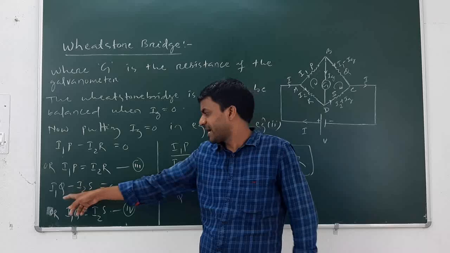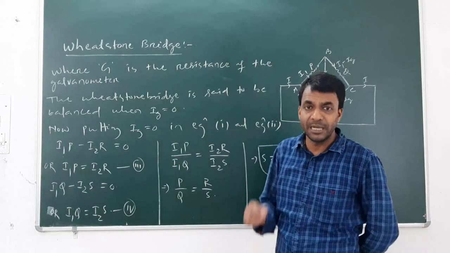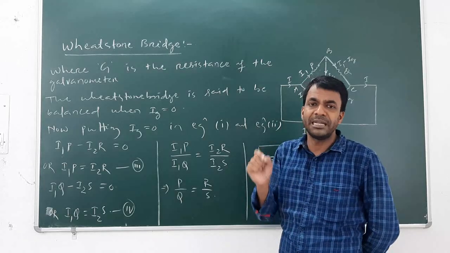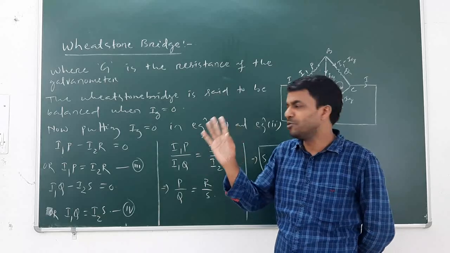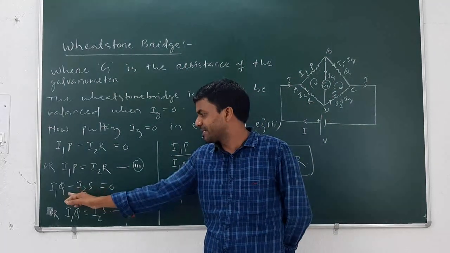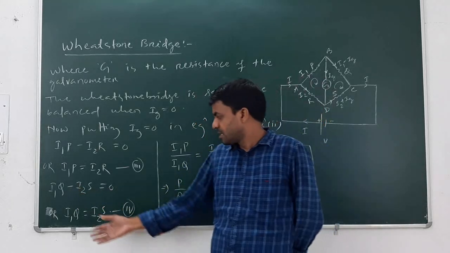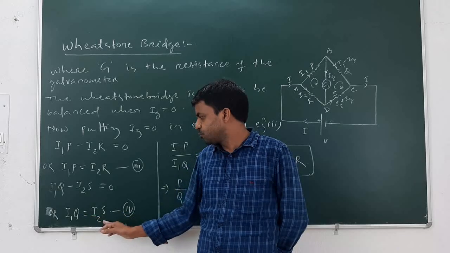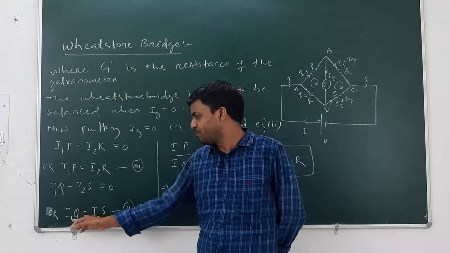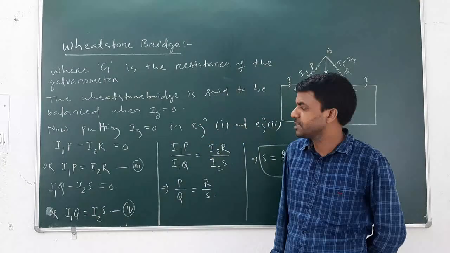I will get I1Q minus I2S equal to 0, means I1Q is equal to I2S. This is equation 4.